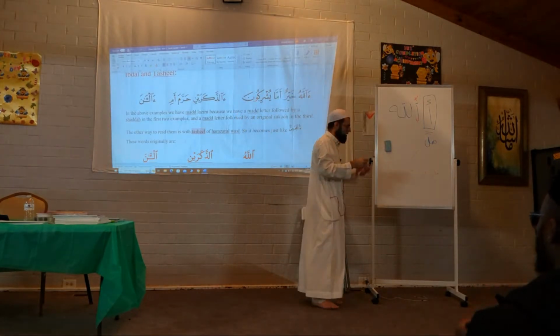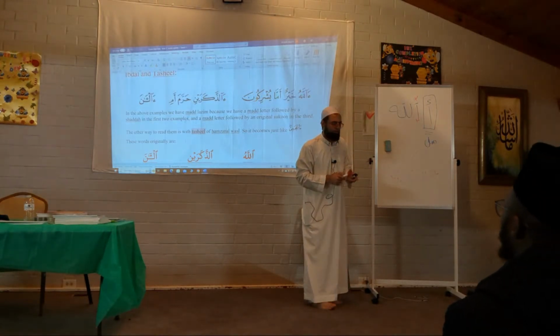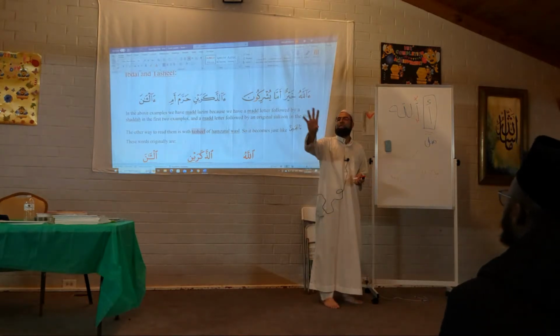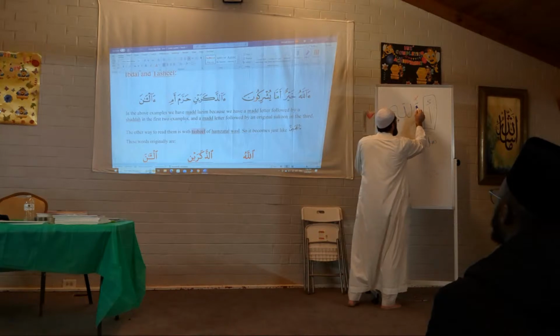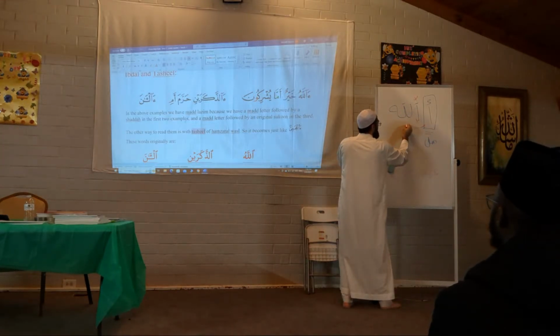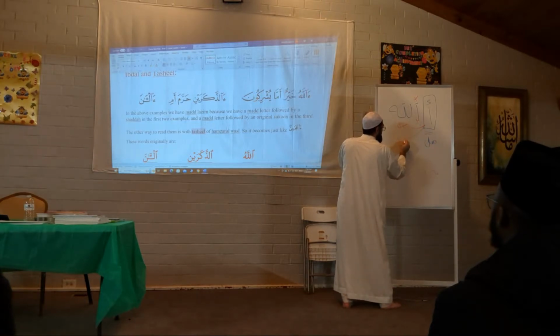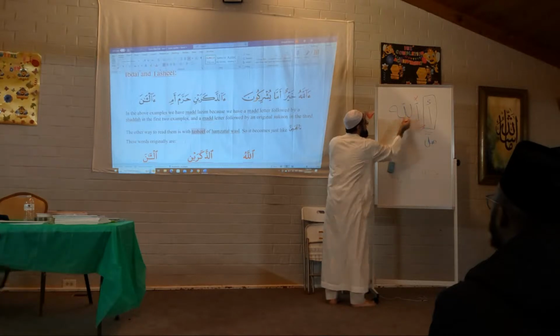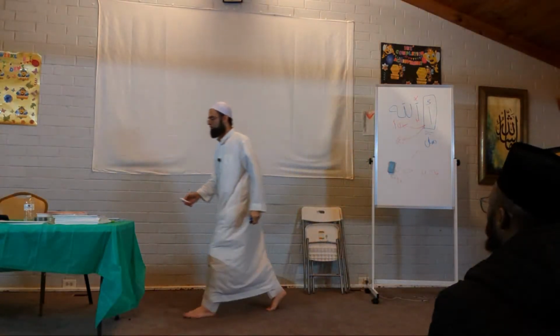Two ways. First way is called Ibdal. What is it called? Ibdal. Ibdal means what? Replacement. What will we replace? Replace Hamzat al-Wasl with? Who knows? This is the first way. This is the second way. First way. This is the Hamzat al-Istifham. They put it on the line, don't they?